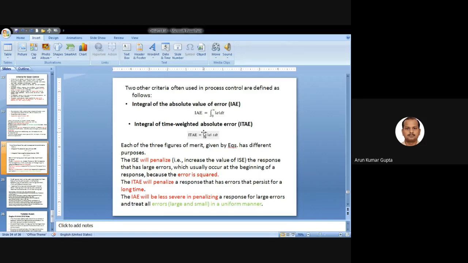And how we get the minimum value of error depends upon the type of error. If the error is short, if the error persists for a long time, if the error value is very large, then we have to change our way of analysis. So finally we can do the calculations, and that will show you the minimum error. Okay, so I think I will continue from the next class.